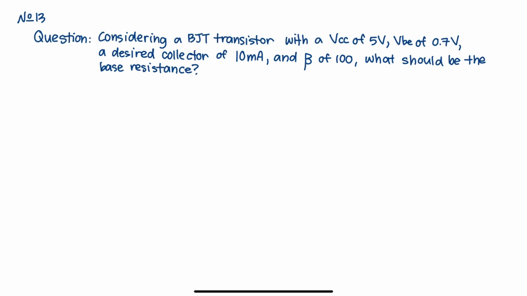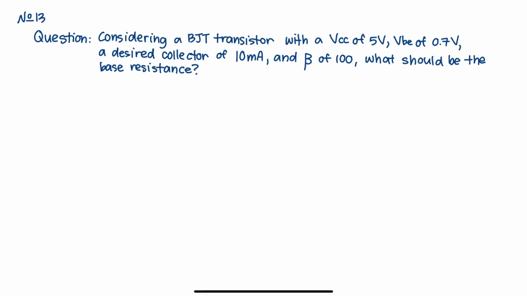Question number 13, which might be a bit hard. So, considering a BJT transistor with a VCC of 5 volts, VBE of 0.7 volts, a desired collector current of 10 milliamperes, and beta of 100, what should be the base resistance?